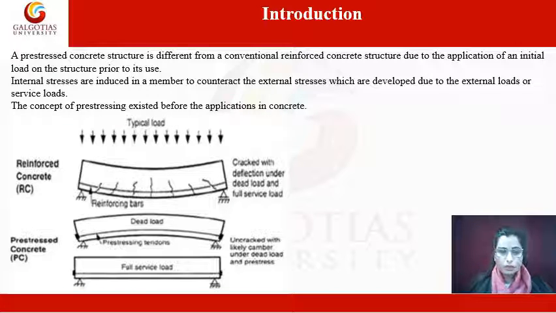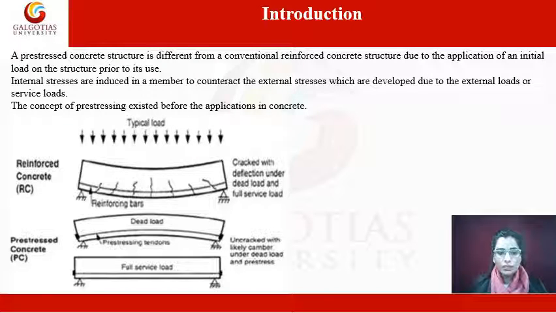For example, here you can see in this diagram a reinforced concrete beam, cracked with deflection under dead load and full service load. Here you can see that due to the external load, this part gets cracked.